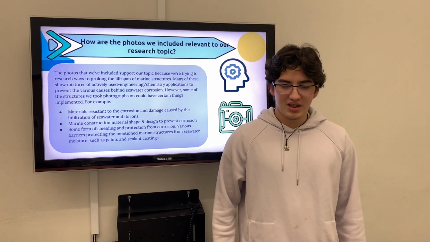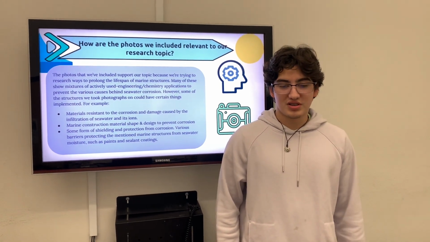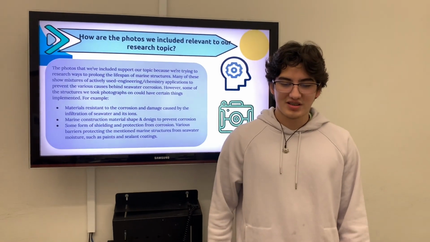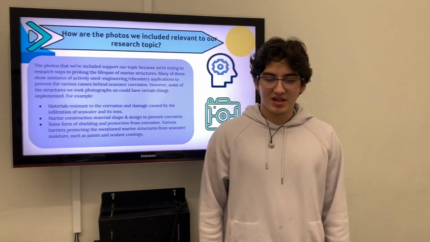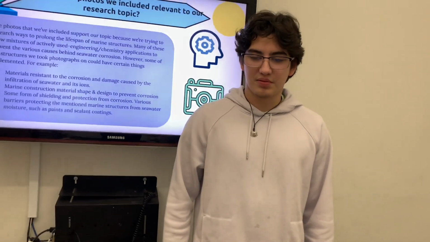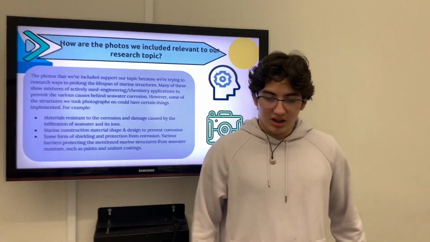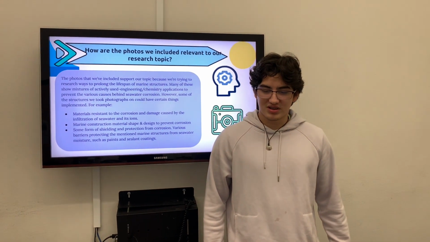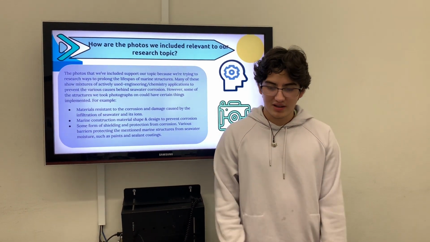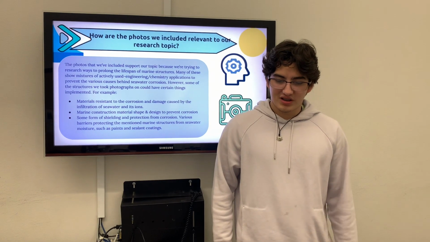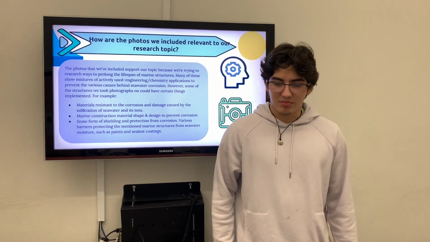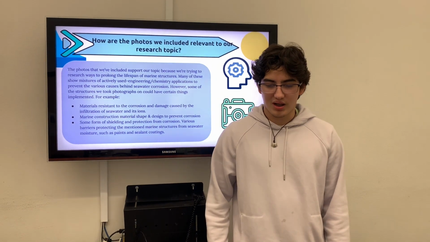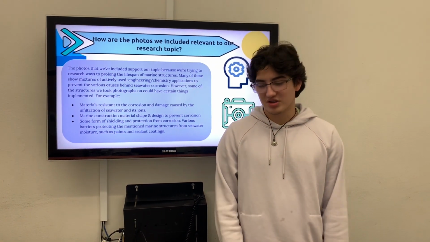For example, materials resistant to the corrosion damage caused by the infiltration of seawater and its ions, marine construction and material shape and design to prevent corrosion, some form of shielding and protection from corrosion such as a galvanized layer of paint, various barriers protecting the mentioned marine structures from the seawater moisture such as paints and sealing coating that I was just talking about.